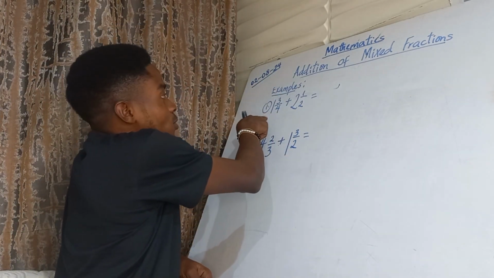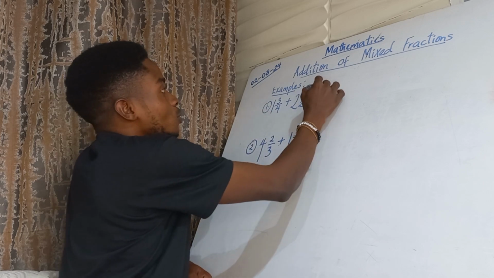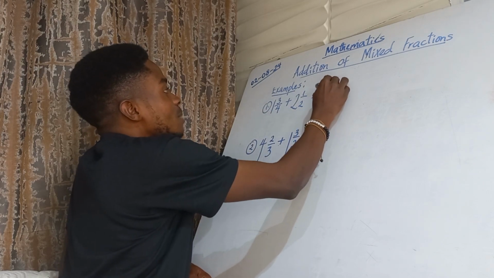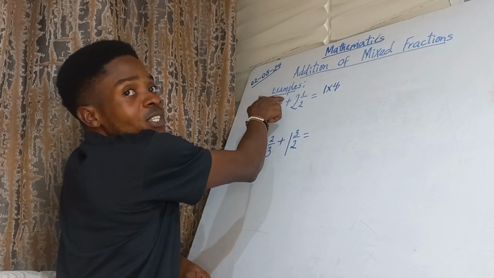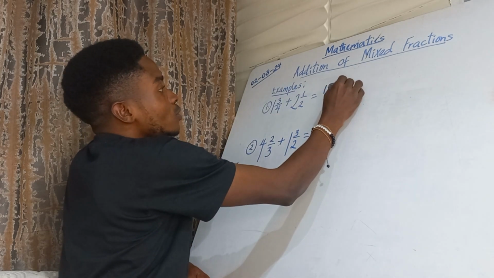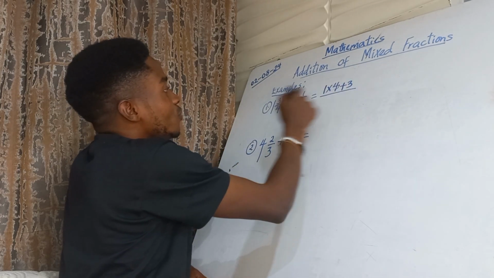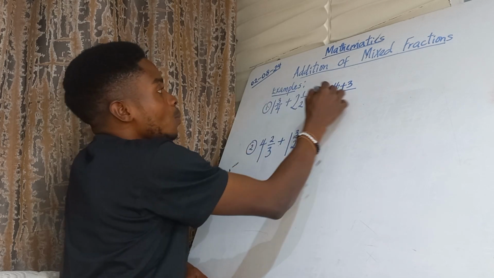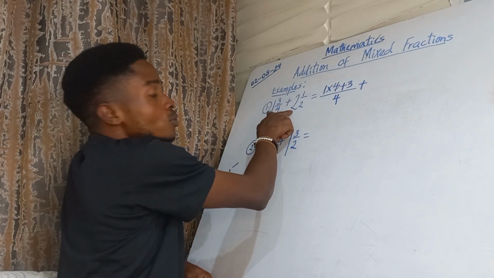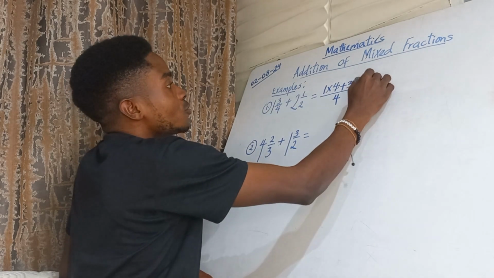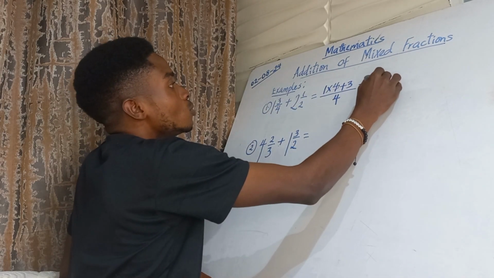1 times 4. Let's go. You say 1 times 4, right? Then plus this 3 here, plus 3 all over this 4. Put your 4 here, plus 2 times 2, right?